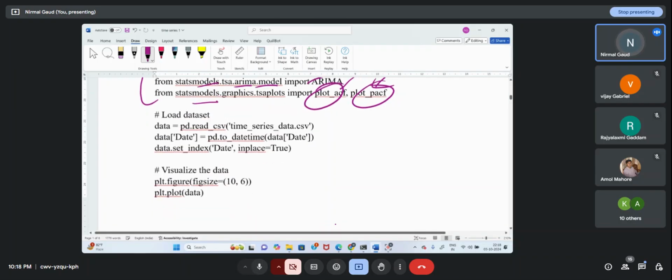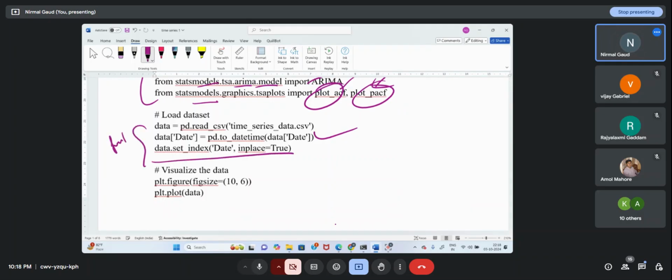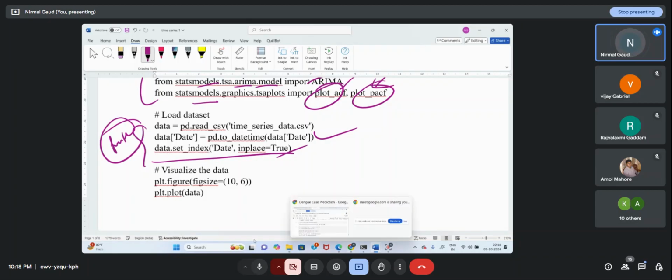We take our time series data, which has a date, and we put the date into the index. This is the first and foremost thing: convert date into datetime format and put it on the index side.